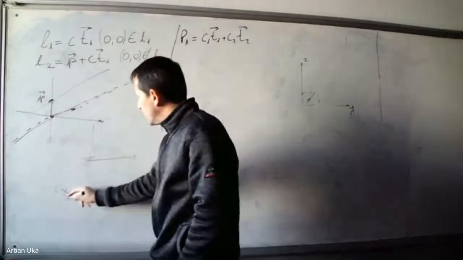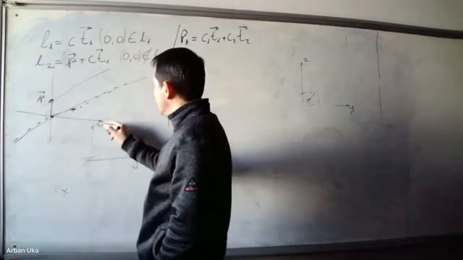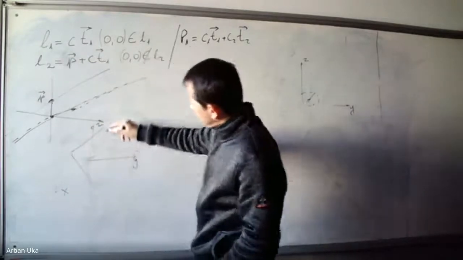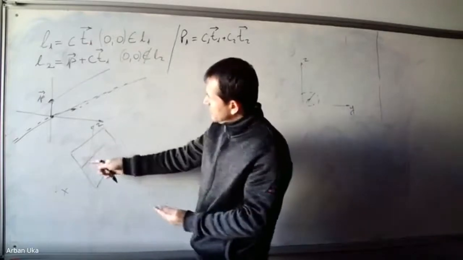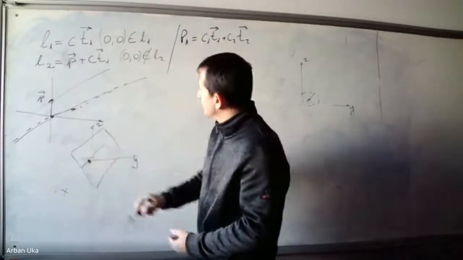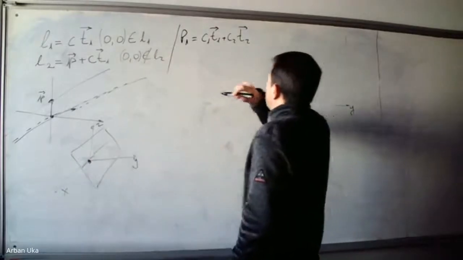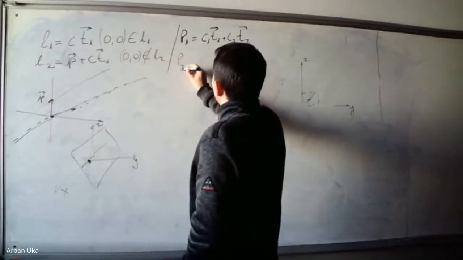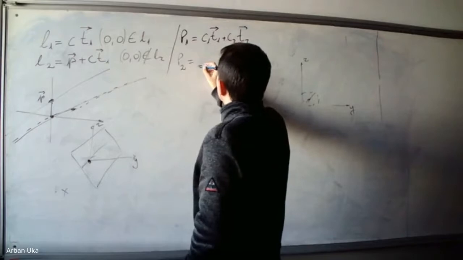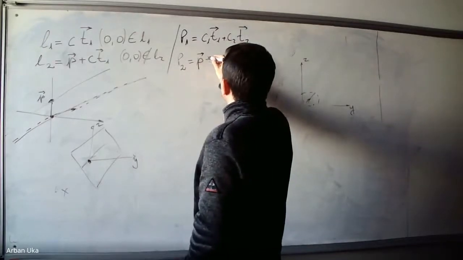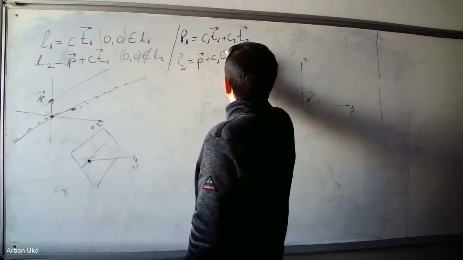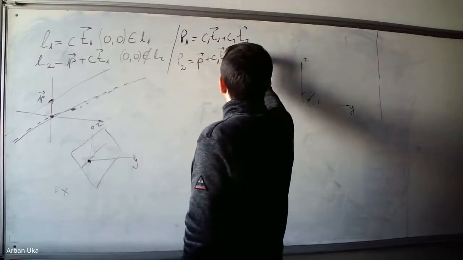So if you have an XYZ plane like this, we can have a plane which can pass like this at a specific angle, but it will include this important point. Also, we can have a plane P2, which can be defined as vector P plus C1 T1 plus C2 T2.